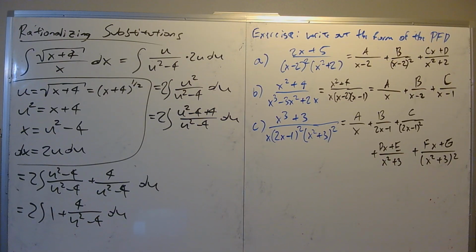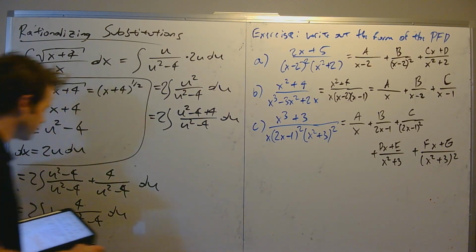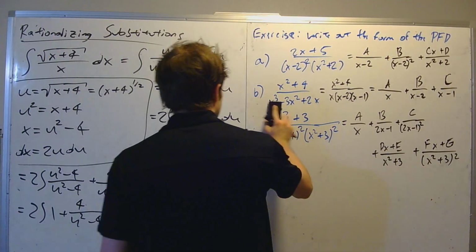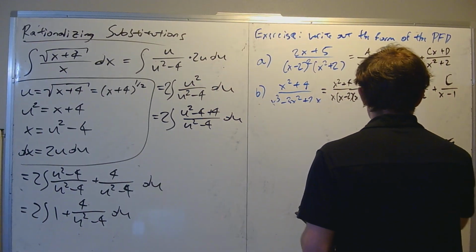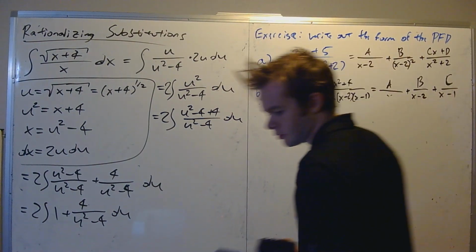Alright, and notice now we don't quite know how to take the integral of this thing, but we can use partial fractions. So that's what we're going to do here.